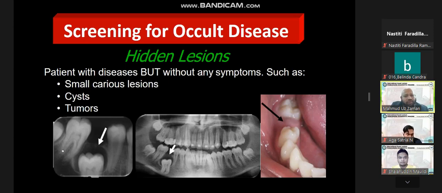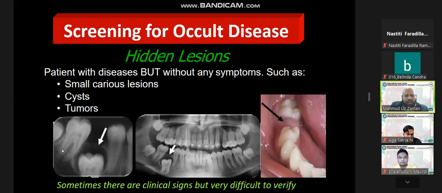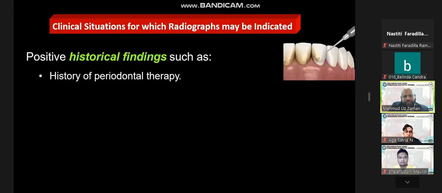Then you need to go for radiograph. Or sometimes there are some clinical signs, but it is very difficult to determine. So you need to go for radiograph on the particular site to see what it is, and then you need to explain this one to your patients.